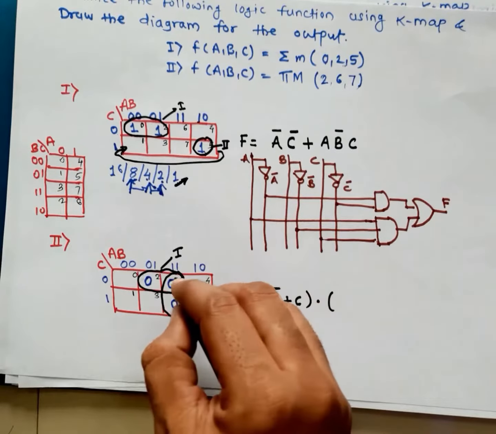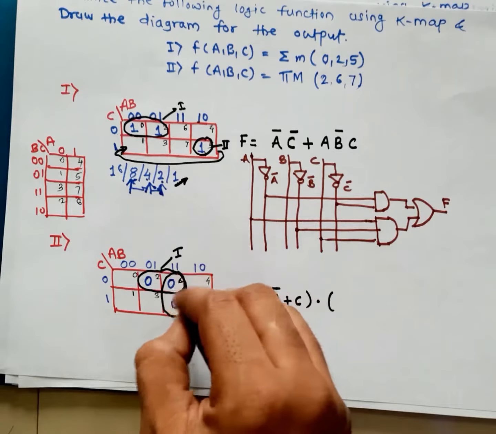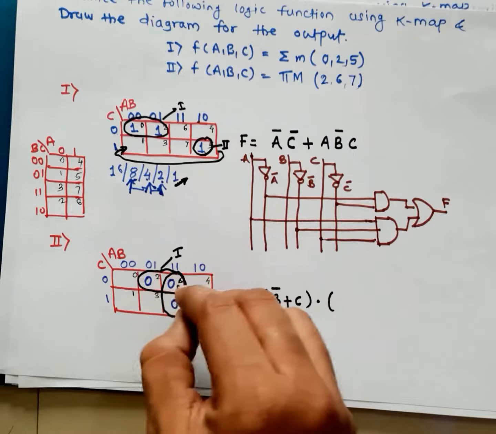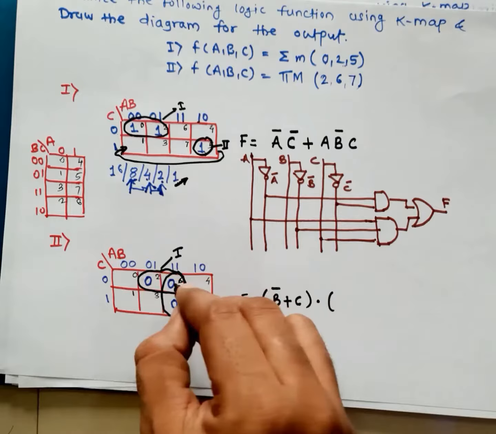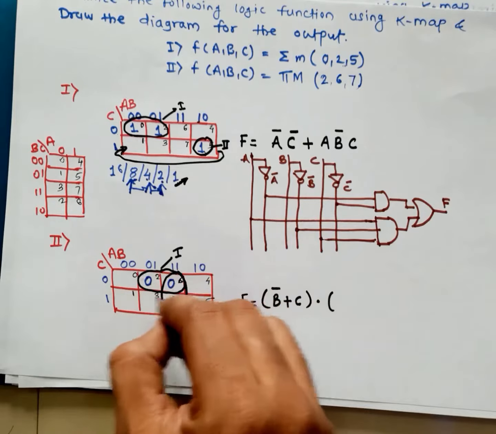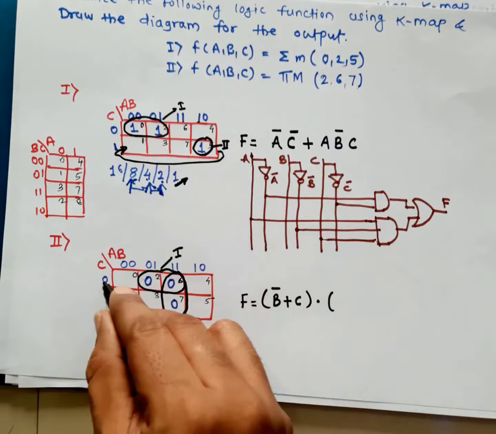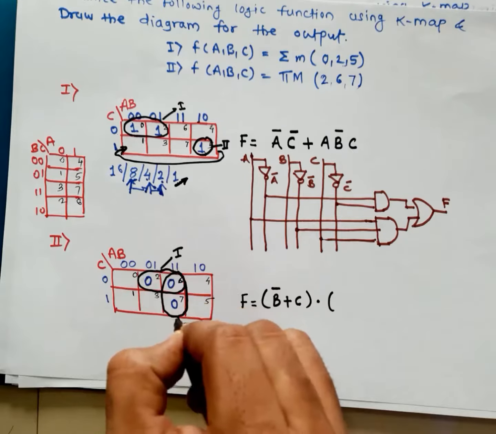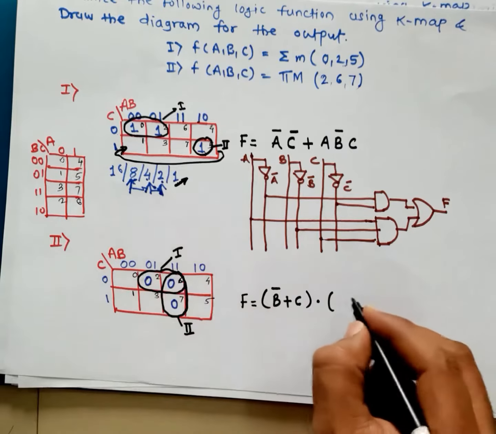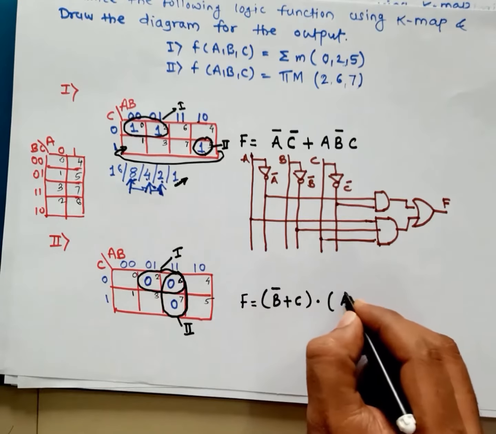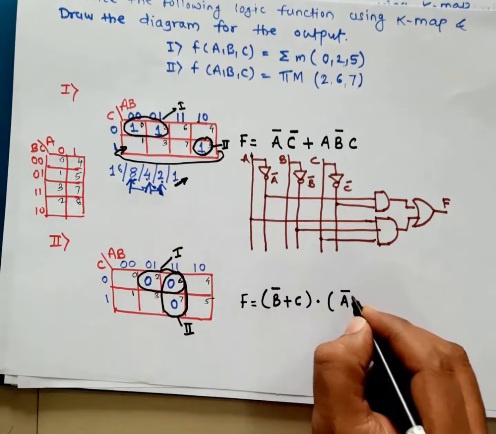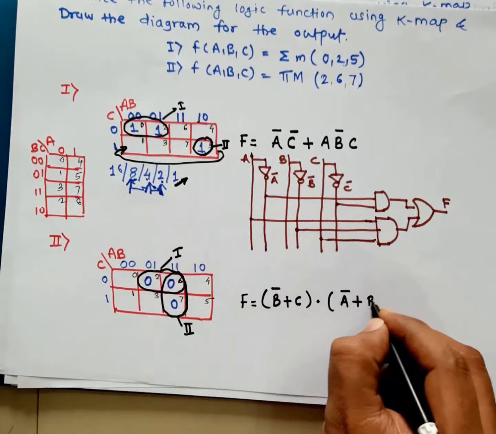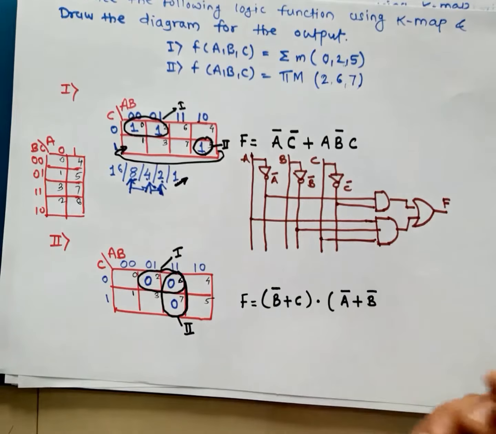Now observe the second group. The second group is a vertical group, whereas the first group is a horizontal group. So in a vertical group, both rows are considered and only one column is considered. The value of A is 1, that's why A bar, plus the value of B is 1, that's why B bar.